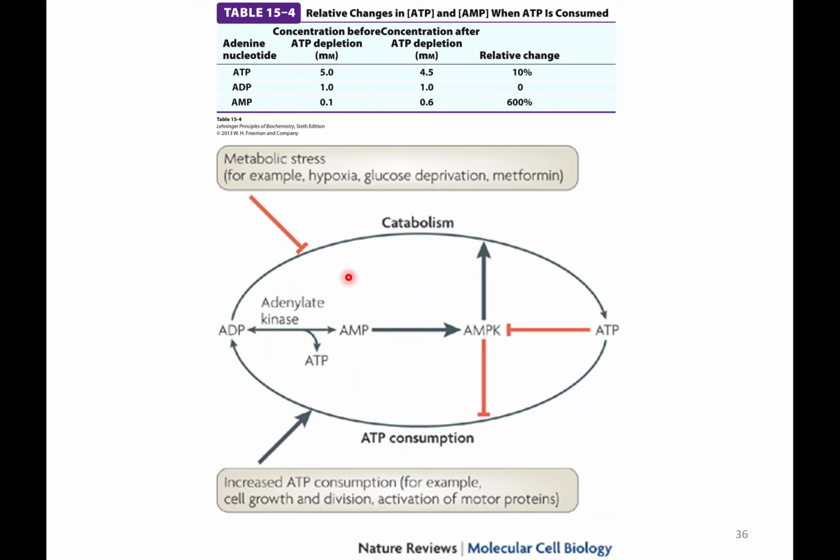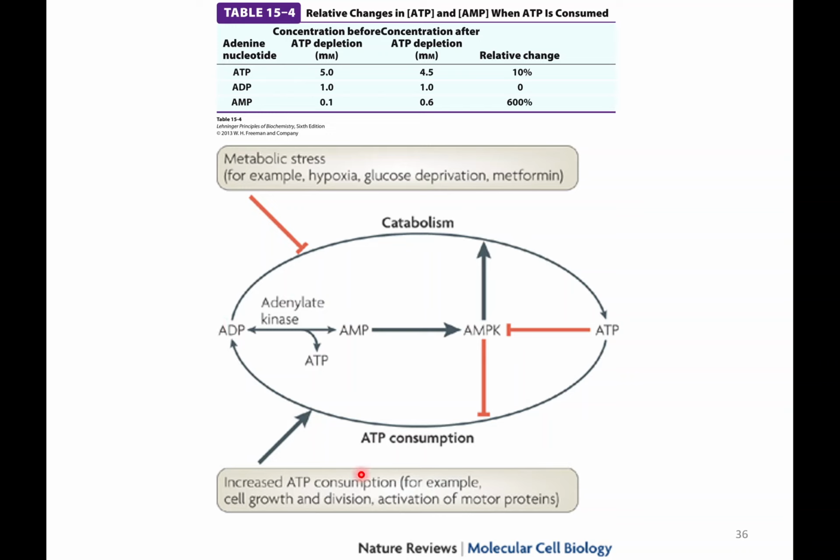And as we mentioned before, the amount of ATP and AMP are really a good indicator of the energy requirements of a cell. And so this figure sort of shows that. I got this out of a paper. But you'll have ATP levels either being consumed and turned into ADP.